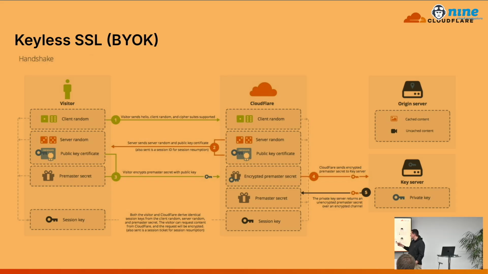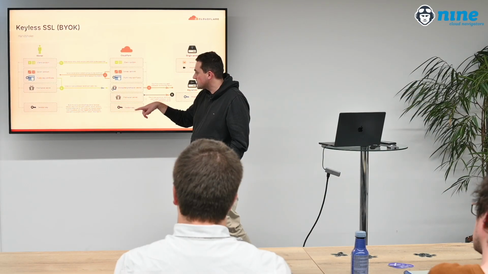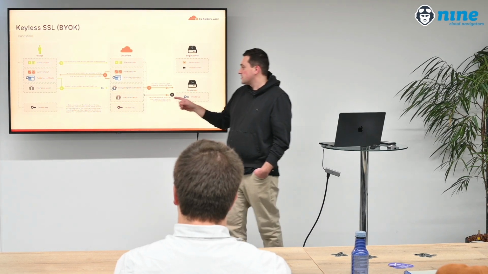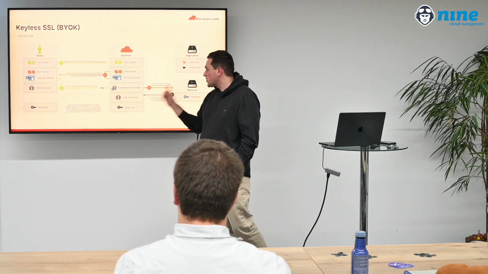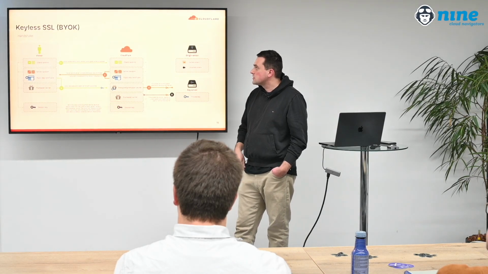Only the signature is returned, and Cloudflare uses the signature and the session ticket and session key for future visits. So that means you don't always have to go back to the keys and to the origin server for each request.